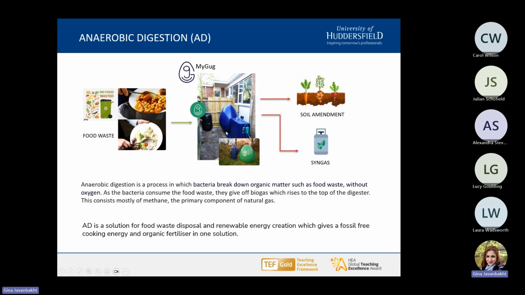But this time, instead of burning it or increasing the temperature, we're using some bacteria. The bacteria are going to break down organic matter and change it into gas, mostly methane. And some that we can use as a fertilizer.